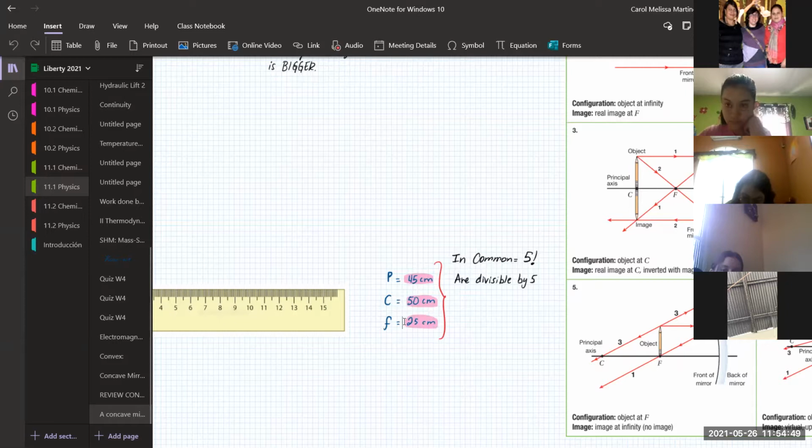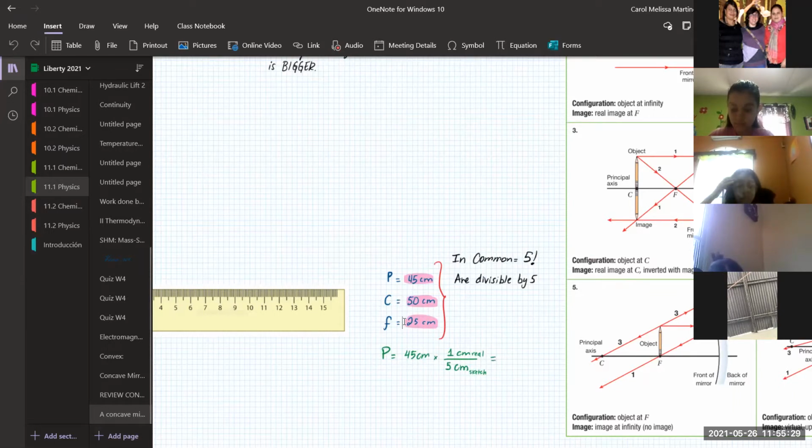So all you have to do is a conversion factor, okay? So for P, you will say 45 centimeters times 1 centimeter from my ruler represents 5 centimeters from the sketch, okay? 1 real centimeter represents 5 centimeters from the sketch, okay?